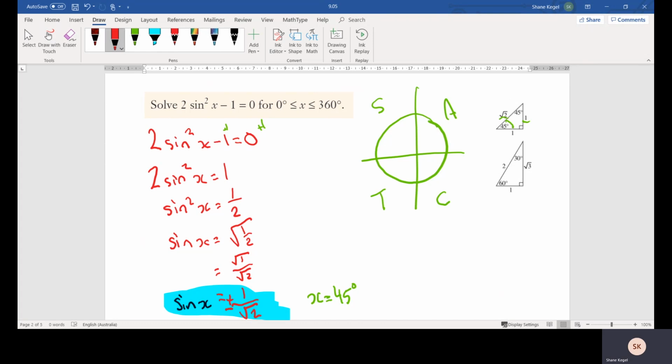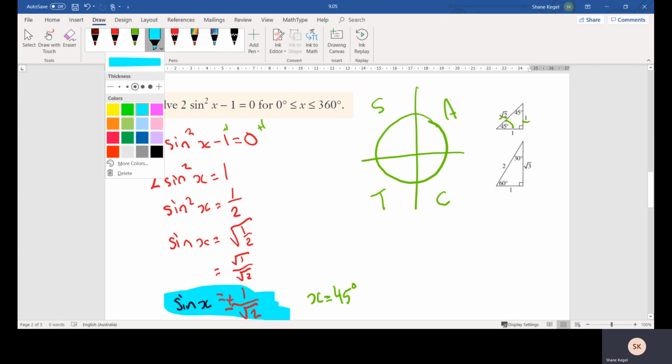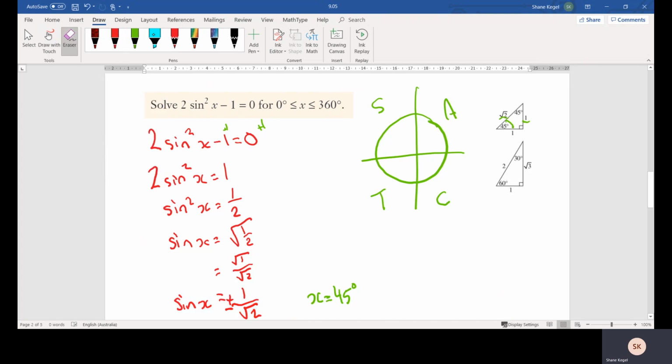So sine in this case can be positive or negative. So positive or negative, meaning this value could exist in any of the 4 quadrants, because sine is positive or negative in all 4 quadrants. So I know my x value, I know what quadrants it exists in. So in the first quadrant, remember, I just have theta.